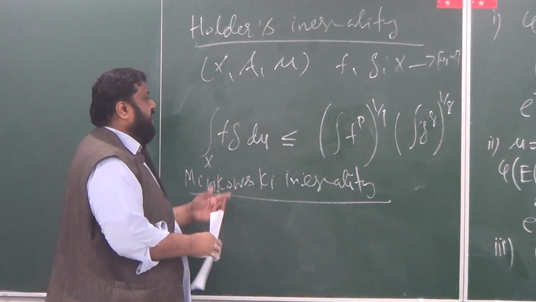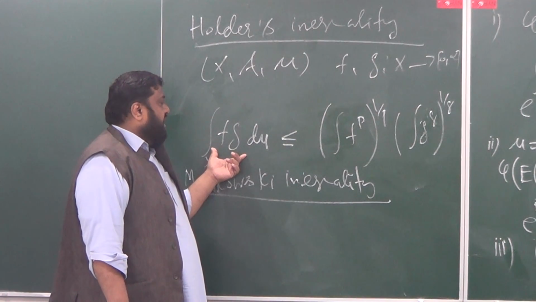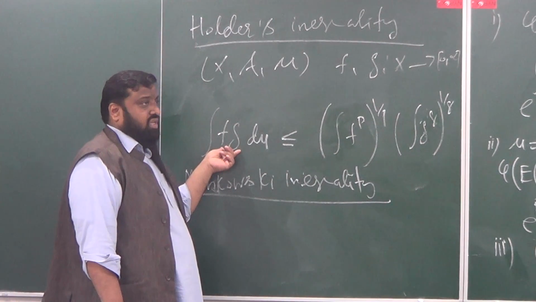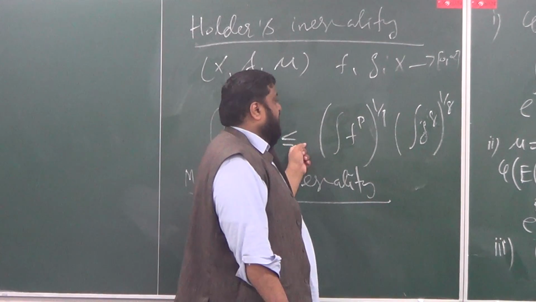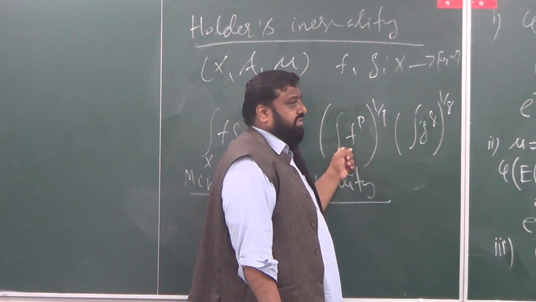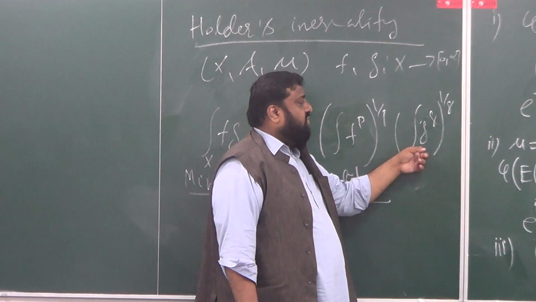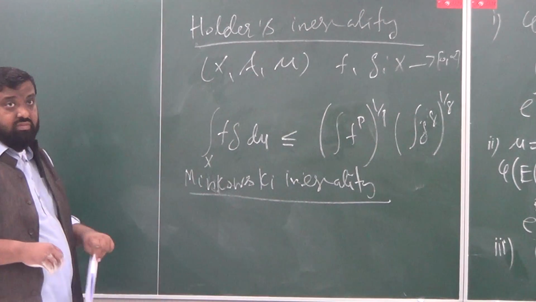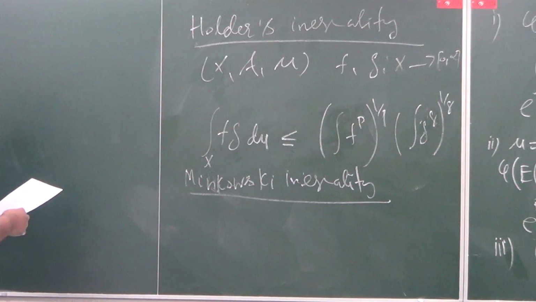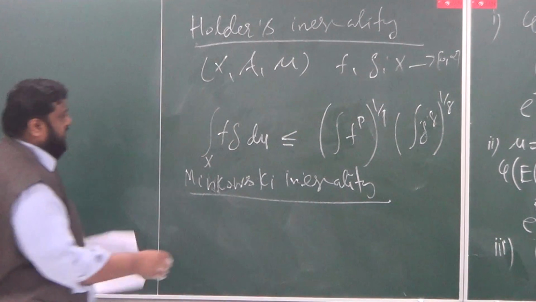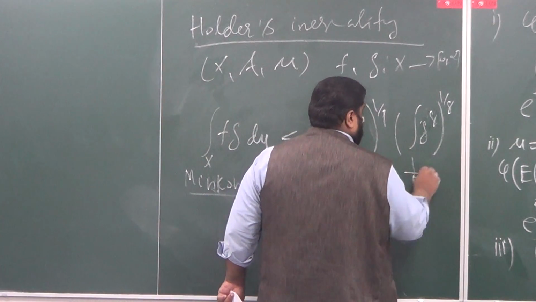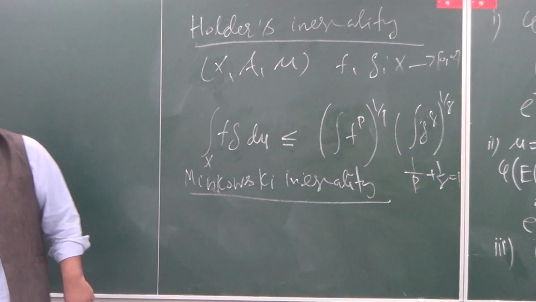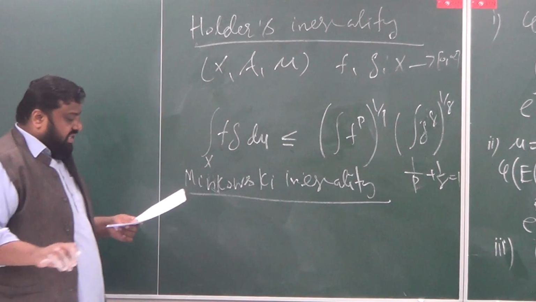What this is basically saying is that the L1 norm of fg is less than or equal to the L^p norm of f times the L^q norm of g. This is a condition on p and q: one over p plus one over q must be 1. They must be conjugate exponents.